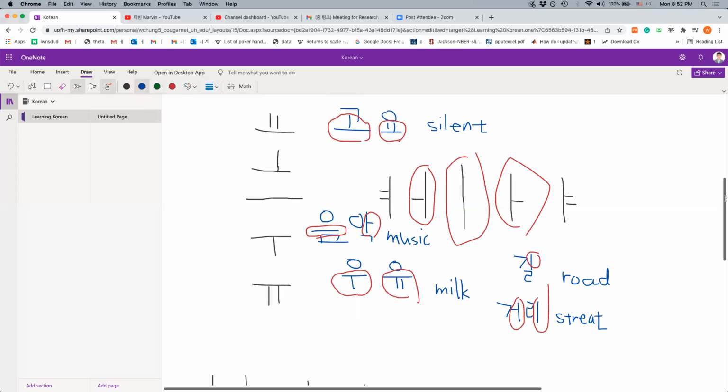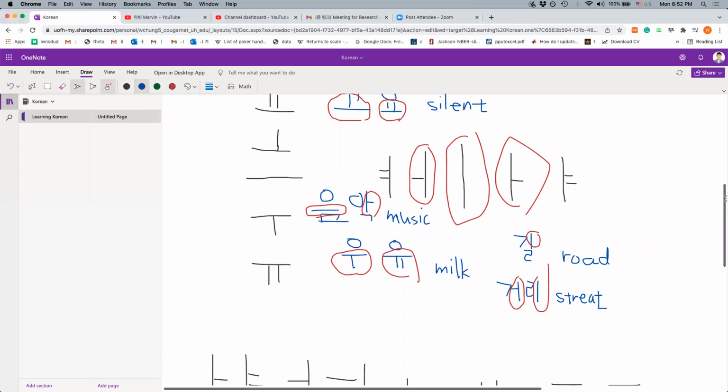And let's think about a word for 여행, which means travel. You know that we all want to go travel. 여행, travel. 여행.